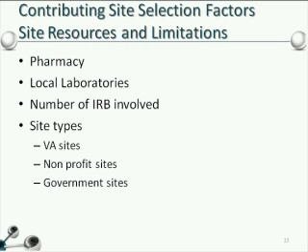That could also mean if there's a delay in submission or a delay in response, that can impact the overall timeline for START. Some things for the lead team to also consider are different site structures. For example, VA sites versus nonprofit sites and government sites may have limitations in their population. So it's very, very important to understand site structure and how that site structure can impact your study.